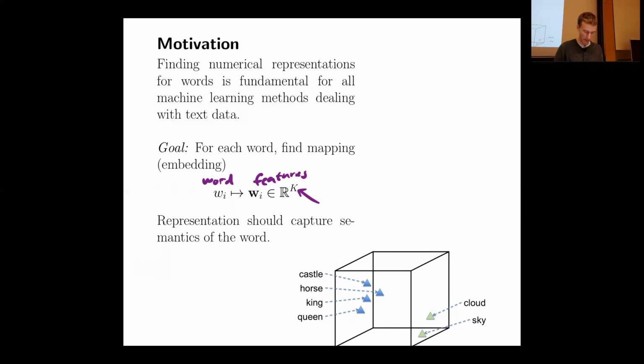And I would say the very easiest way to do it is to use this kind of one-hot encoding, which just means to set the vector of the ith word. So sorry, w_i is the word, and I map it to a vector, which is also called w_i. Just a 1 where the word appears, and it's 0 everywhere else.